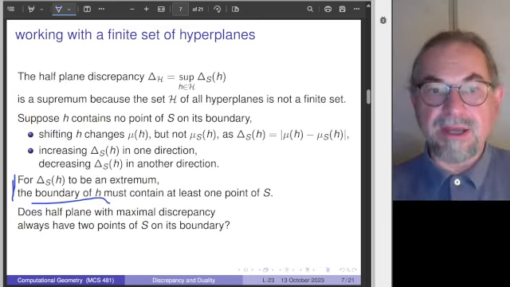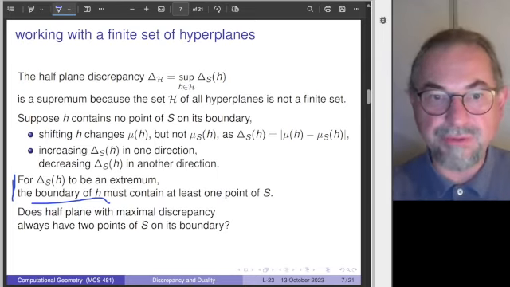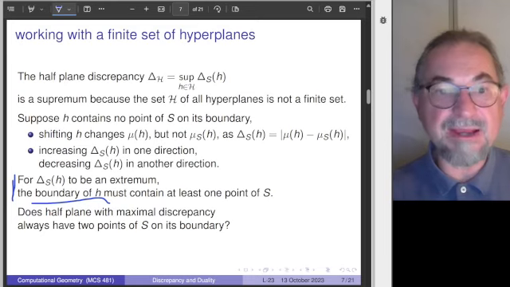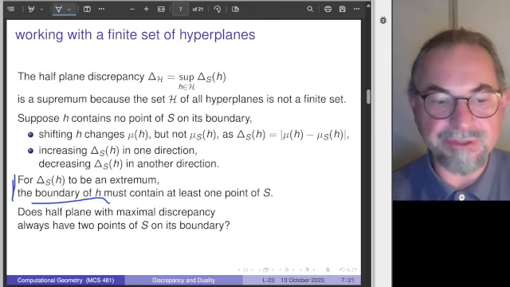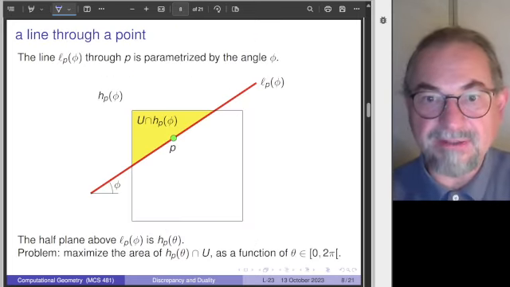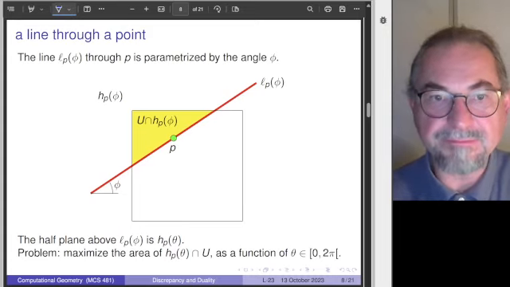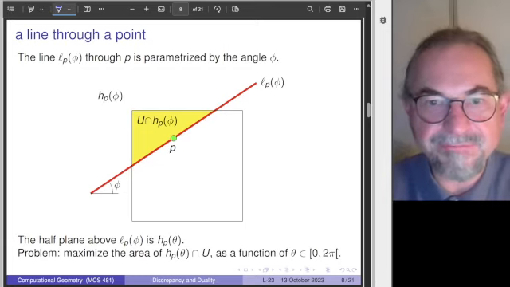Okay, natural question. This half plane is determined uniquely by 2 points. Can we have maximal discrepancy with only 1 point? That's the question that we are now asking. All right, can that happen? Here you see we are looking at the area above.